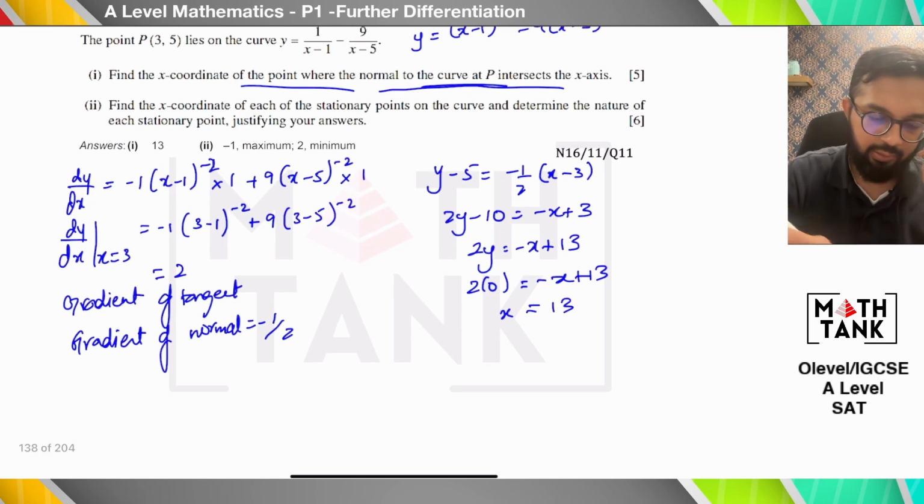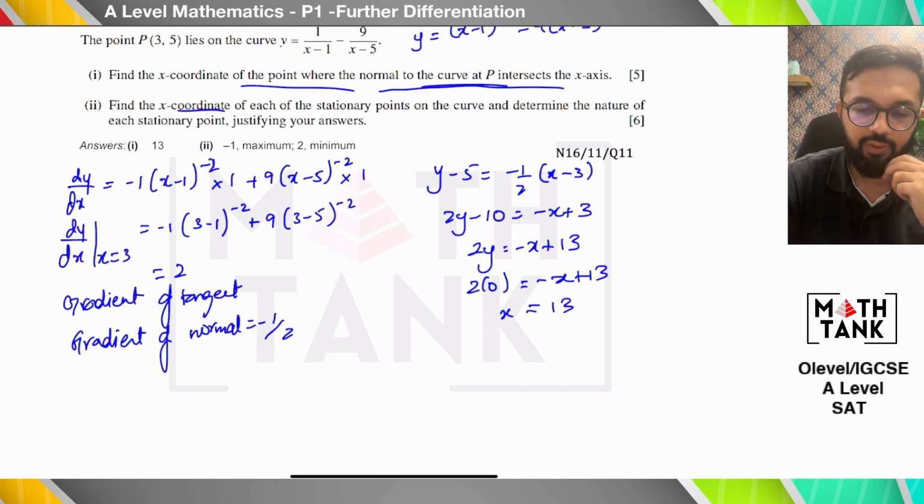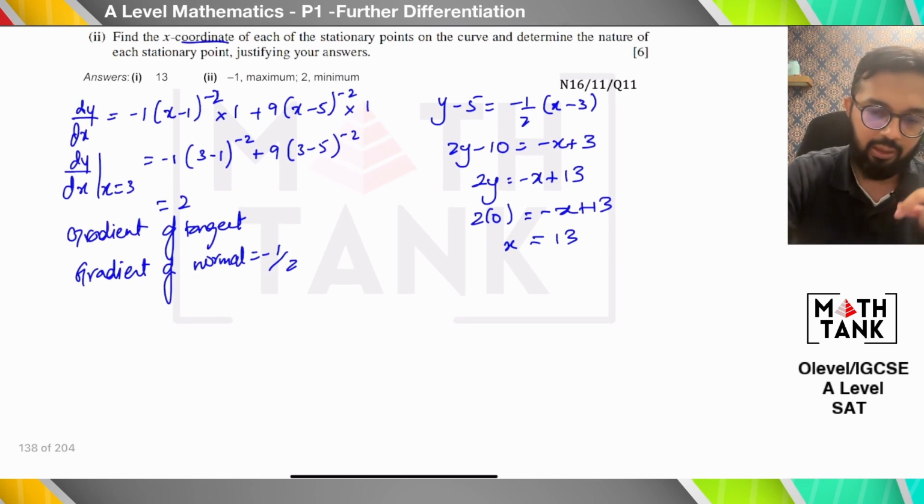Then it says find the x-coordinate of each of the stationary points on the curve and determine their nature.